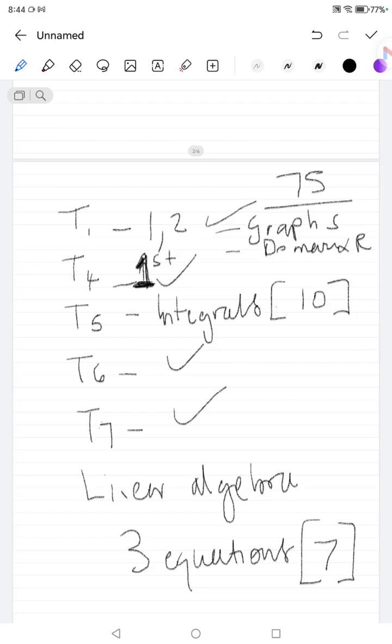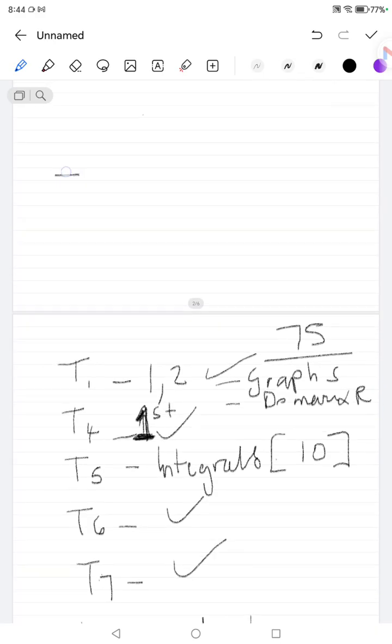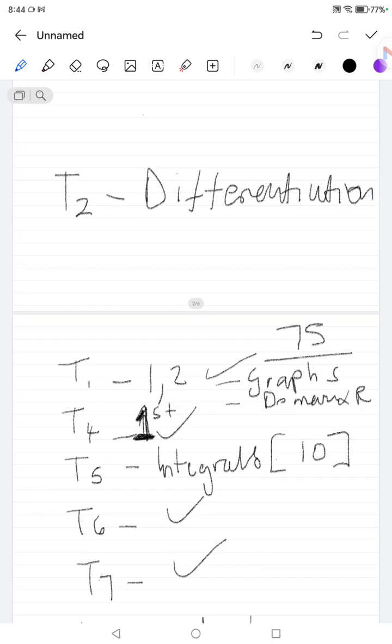So we'll say integrals, it's theme 5. Theme 5 is already going with theme 2, which is differentiation. So we're already having theme 1, 1.2, theme 2, differentiation, theme 3, it's not there.